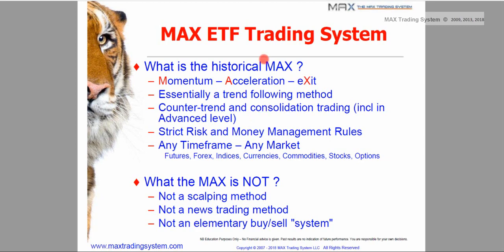So in the classical MAX, we only consider trading counter trend movement and consolidation movement starting with the advanced level. This is no longer true with the MAX ETF. With the MAX ETF, we have generalized the concept of trends, and now a counter trend movement can be a portion of an entire MAX ETF trend, as I will show again in a moment.